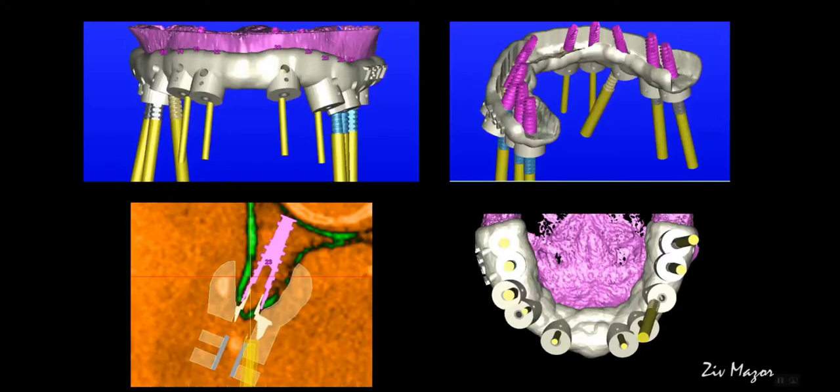In order to place our implants in the right position, we are planning a surgical guide, and what you see here is the prefabricated plan of the surgical guide. By looking at the planning, you can also see the nature and density of the bone.